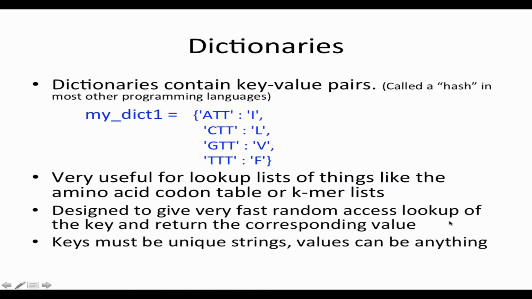So, very fast random access lookup. The keys must be unique. Values can be just about anything. I mean, you could put a list as a value in a dictionary. You could put other more complex data types in there. As long as there's a unique key and it follows the rules that I just listed, it'll work.